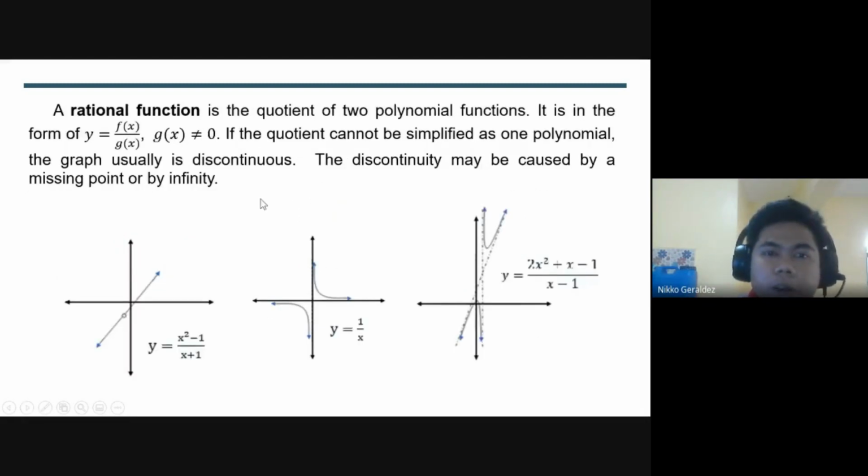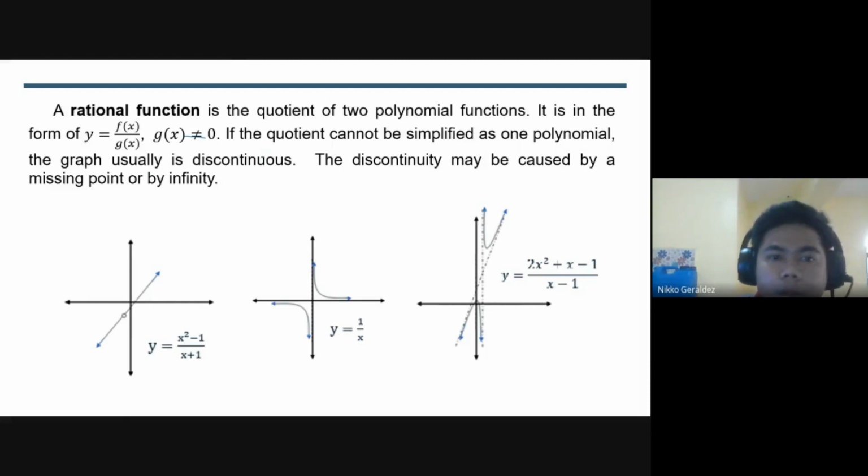Then the rational function is the quotient of two polynomial functions, in the form y equal to f of x over g of x. G of x should not be equal to 0. If your denominator is 0, the function is undefined.